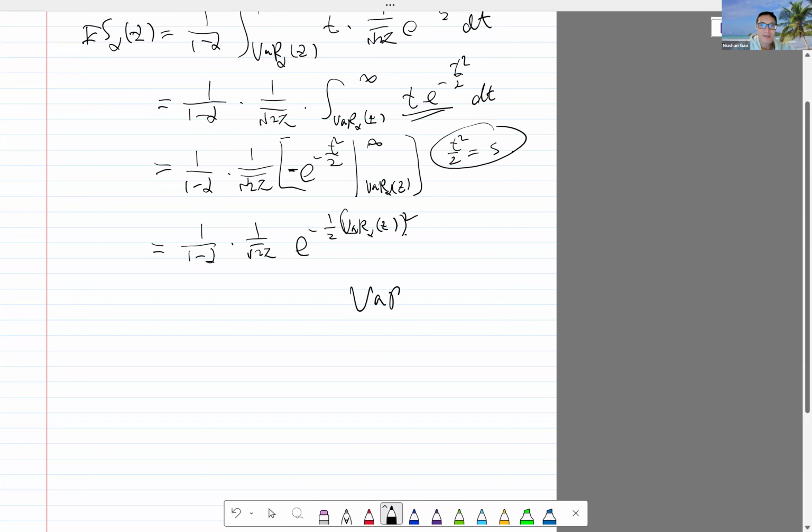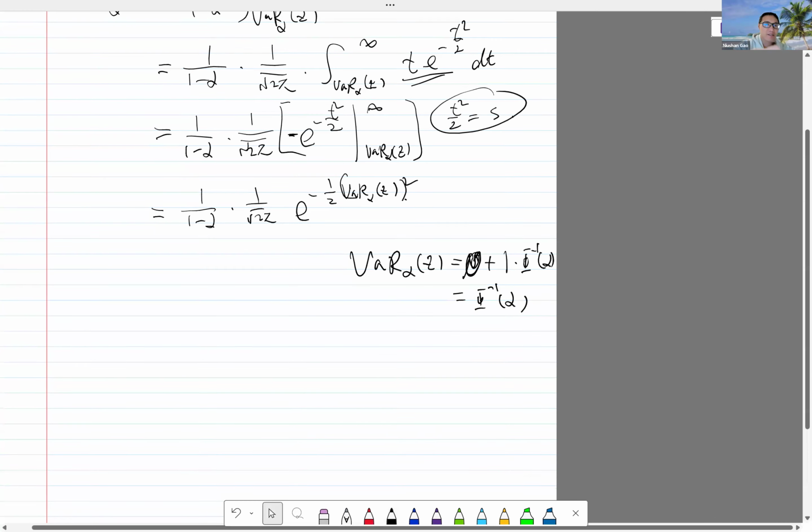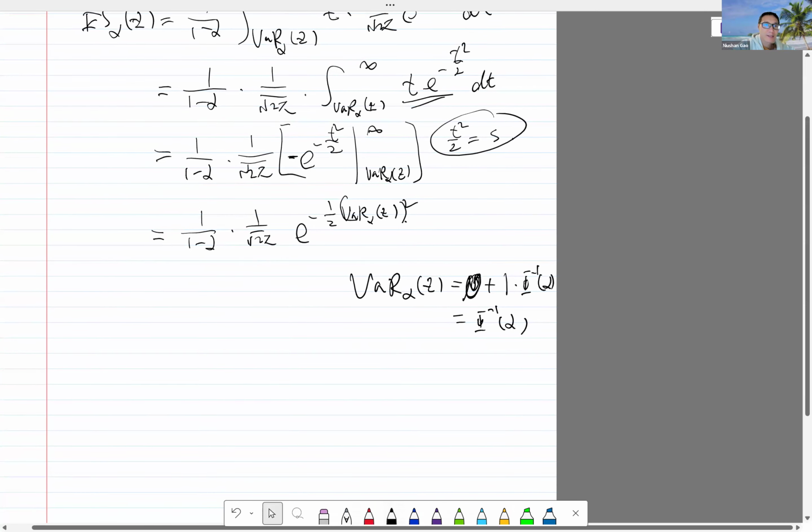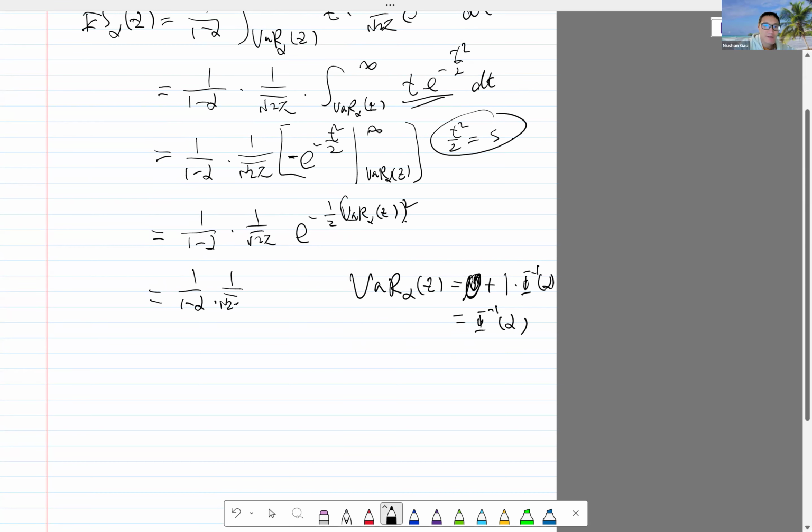And recall, what is value at risk of Z? It's mu, which is 0, the mean, plus its standard deviation times the phi inverse of alpha, right? So it equals phi inverse of alpha. You can directly get it because value at risk is just the inverse function of the CDF. So you can write it as 1 over 1 minus alpha times 1 over square root of 2 pi, e to the negative phi inverse of alpha squared over 2.